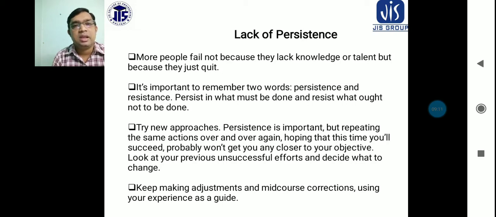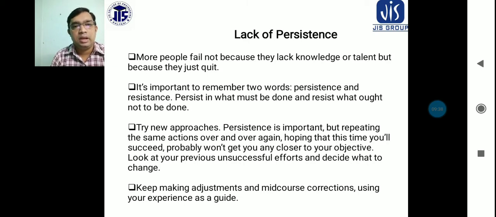And another thing, try new approaches. Persistence is important, but repeating the same actions over and over again, hoping that this time you will succeed, probably won't get you any closer to your objectives. Look at your previous unsuccessful efforts and decide what to change.